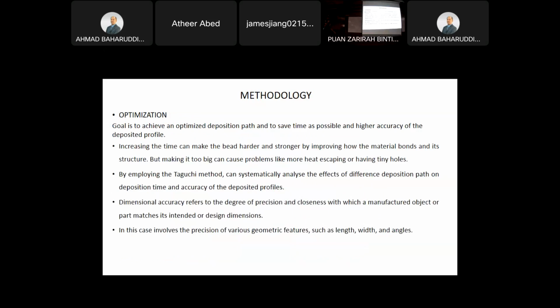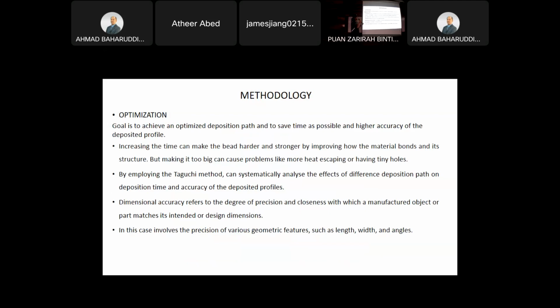So for the optimization process, after the no-go phase, the goal is to save time as much as possible and also to achieve higher accuracy of the patterns. Increasing the time can make the bead harder and stronger.